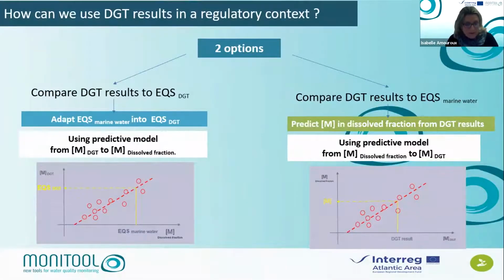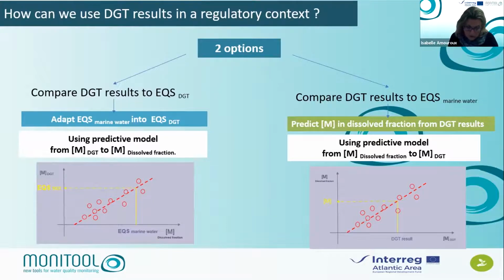In order to use DGT results for the water body chemical status assessment, 2 options will be described here. In the first option, the principle is to compare DGT result to EQS DGT, which means that we have to adapt the existing EQS marine water into EQS DGT.